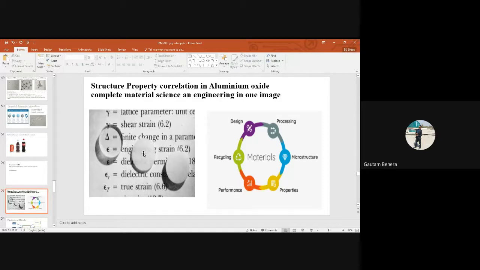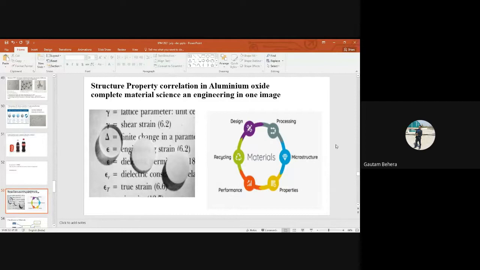That's why it is translucent. Only a little light is coming. But here you can consider all the light is scattered away from our eyes, because this is also polycrystalline, with a lot of grains and grain boundaries, so light scatters at the grain boundaries, and porosity and voids further scatter the light. That's why it is completely opaque.